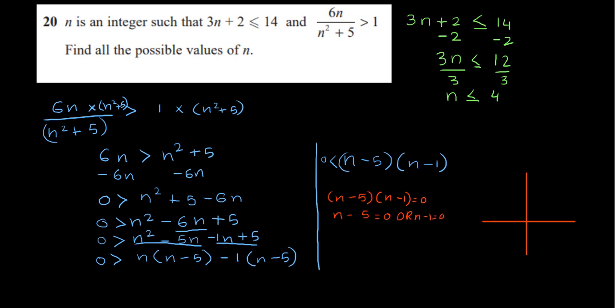To solve this, I'd add 5 both sides, so n is equal to 5, and to find this value I'd add 1 both sides, so n is equal to 1. Right, so my graph would be like a U-shaped graph that looks like this. So that would be 1, and that would be 5.